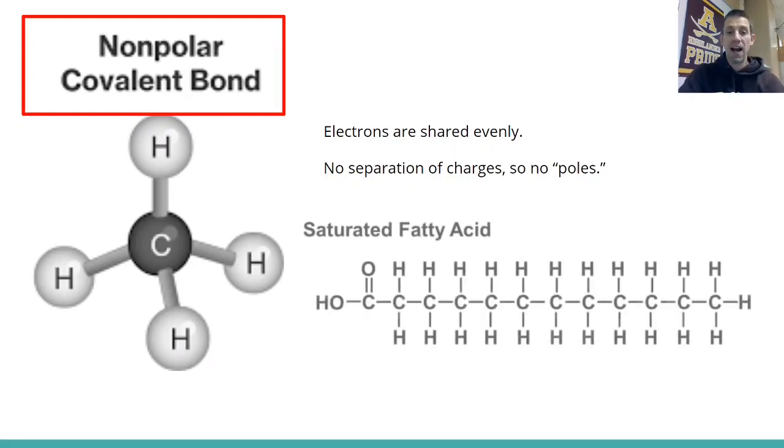Lipids and fats have all nonpolar covalent bonds. So what I have here is a saturated fat, and in this saturated fat there are bonds between carbon and carbon, carbon and hydrogen, carbon and oxygen, but all of these bonds are nonpolar, which means that lipids are nonpolar, which is different than the chemistry of water, which is polar.